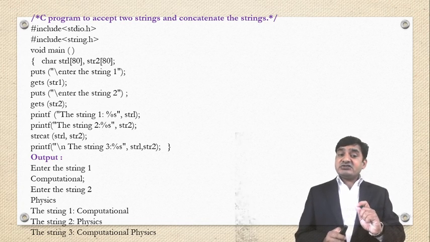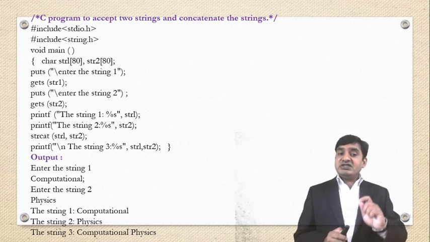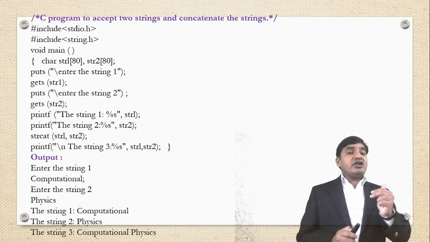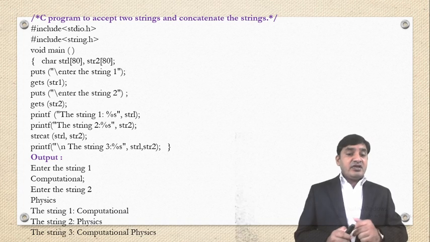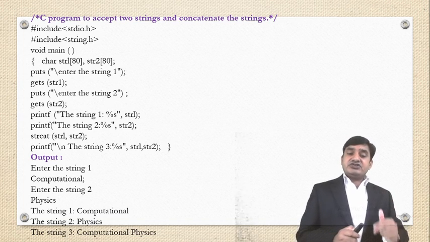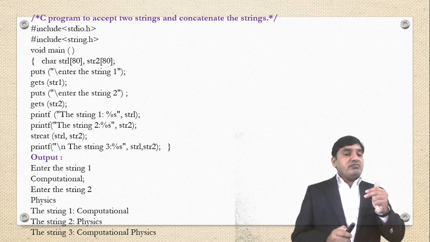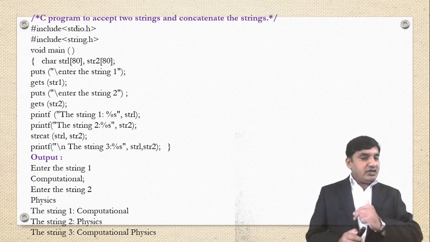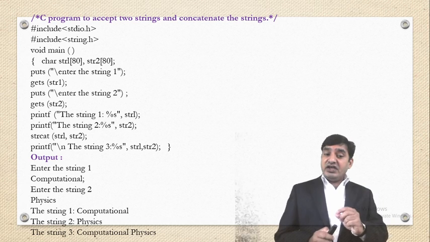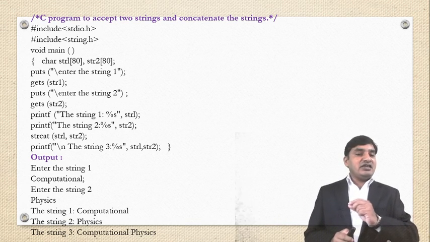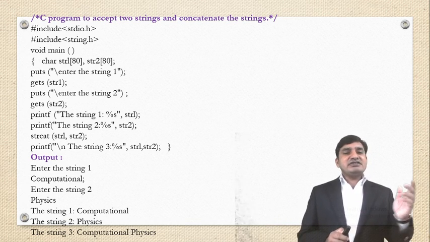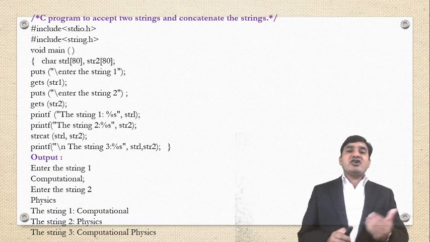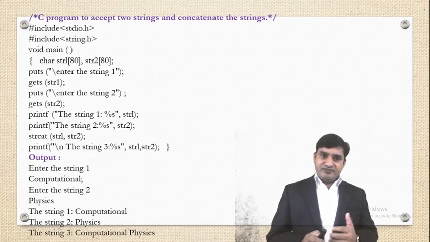This is displayed on a screen by using the second printf function. Now there is a concatenation of the two strings and we get the third string, and the message displayed on the screen is the string 3 is computational physics. Okay, so a very simple C program to accept two strings and concatenate the strings.